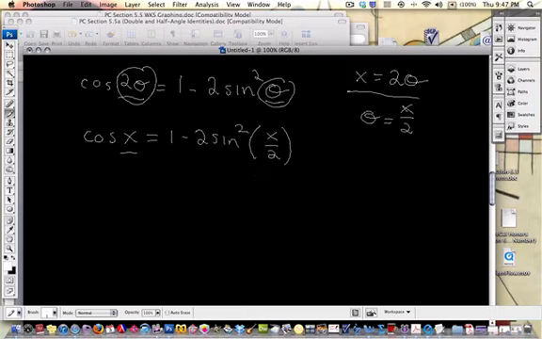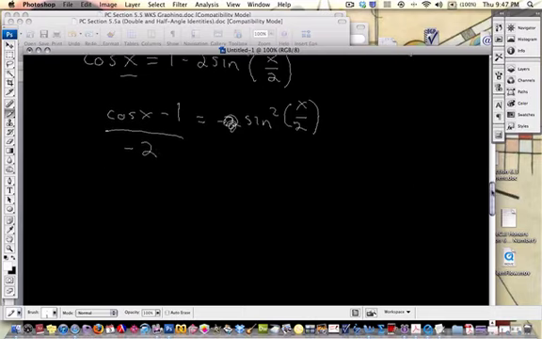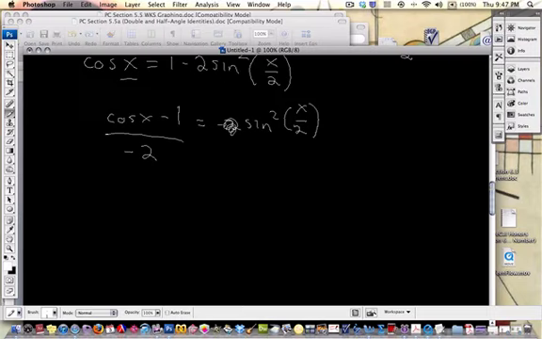So I'm going to do a little bit of algebra here. Cosine x minus 1 equals negative 2 sine squared x over 2. I'm going to divide both sides by negative 2. I'm just being kind of lazy here. And then I'm going to switch places, put that on the left and this on the right, just for clarity's sake.